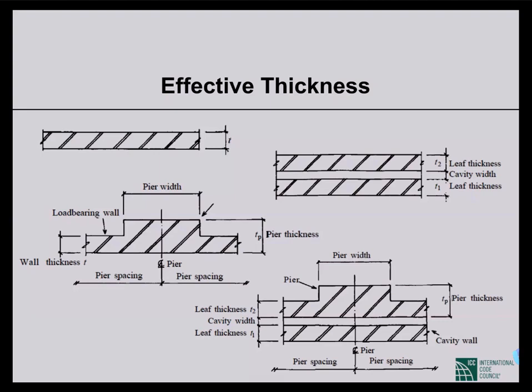So in case of cavity wall, the effective thickness is summation of the thickness of two limbs, T1 plus T2. In many cases, we can have piers or pilaster. Pilaster or pier is a kind of stiffener where in certain locations we thicken the wall to give lateral support.